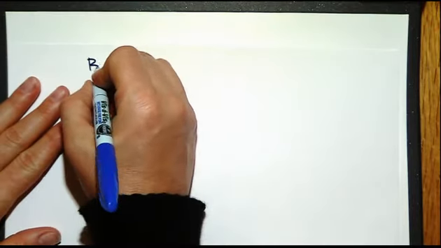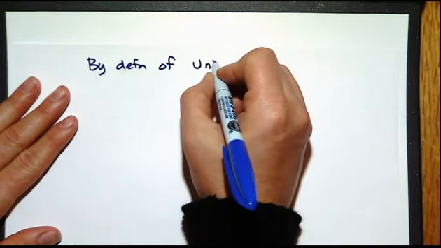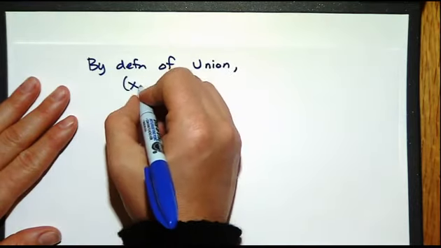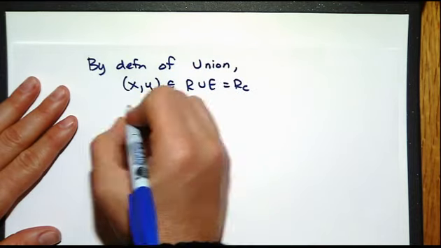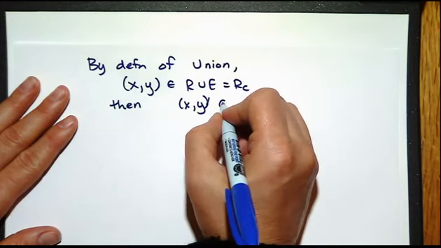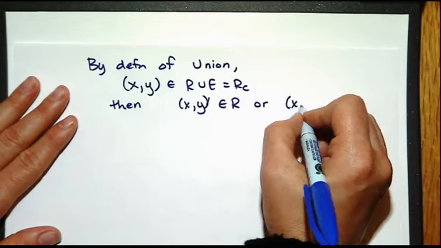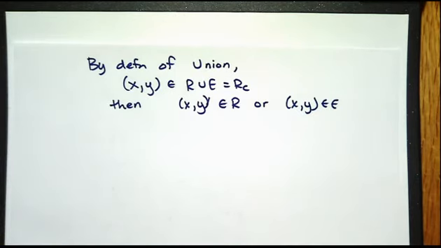So case one, because of the definition of union, if xy is in R union E, then xy had to be in R or it had to be in E. Because it can't come from anywhere else, because that's the definition of union. I can take all the points from R and all the points from E and no other points.